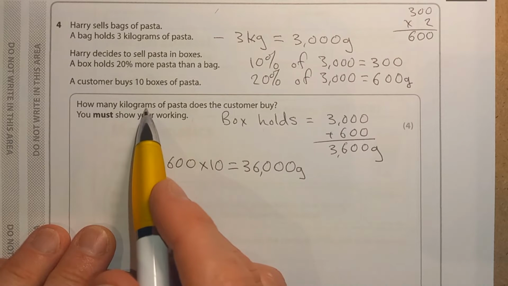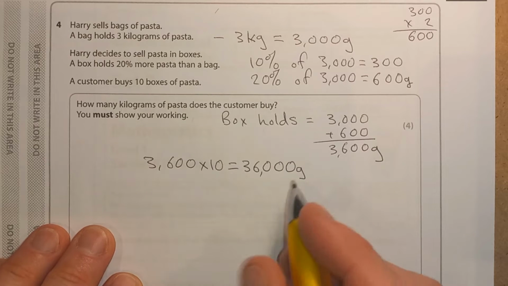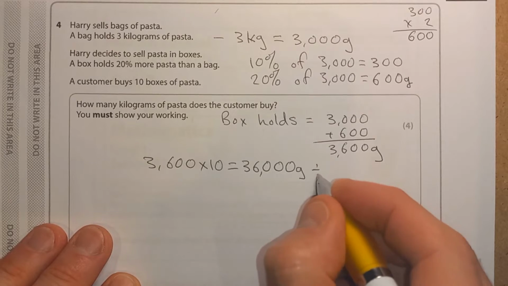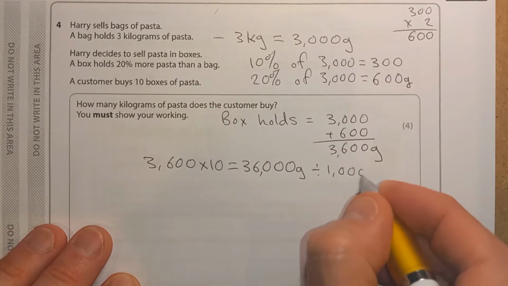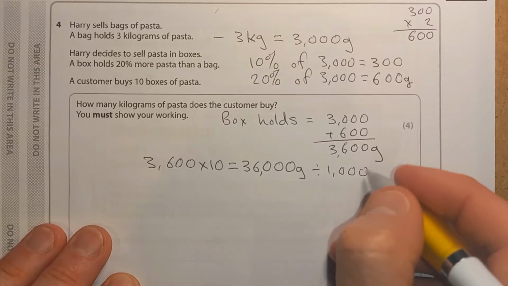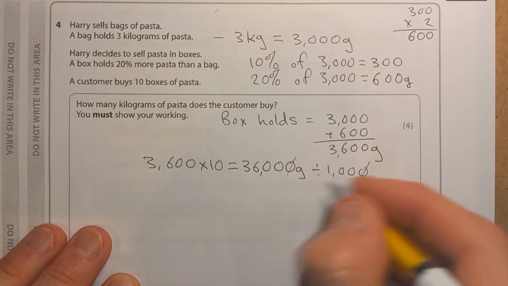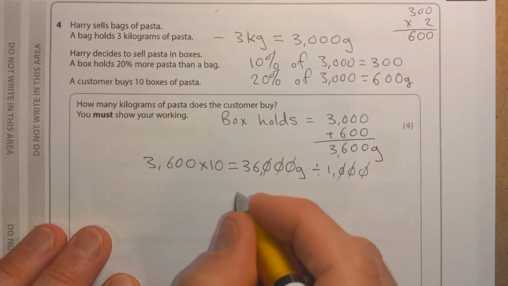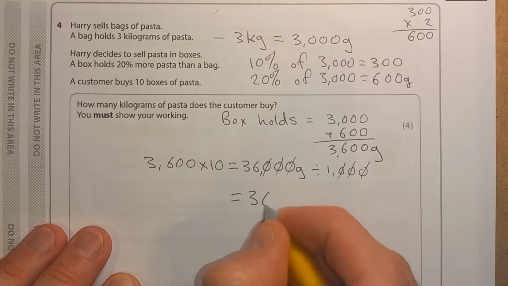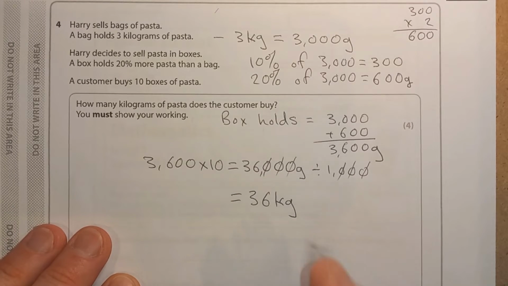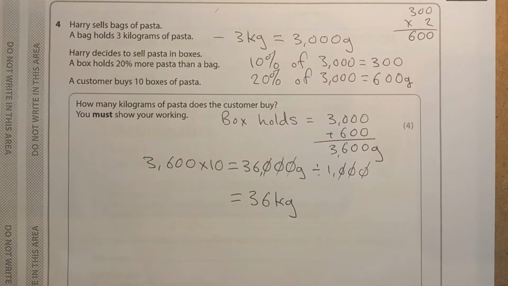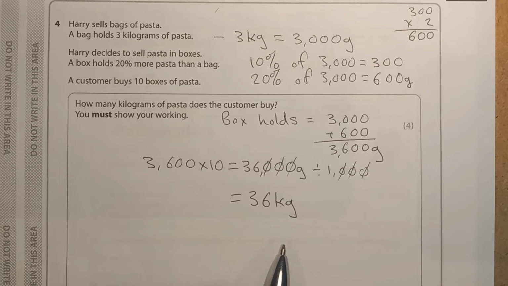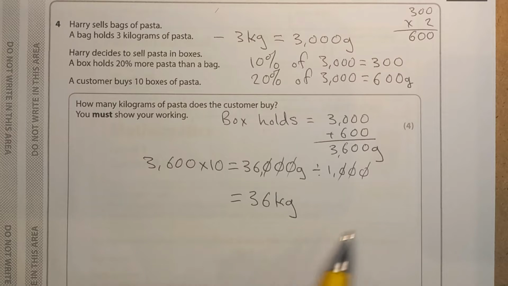They said how many kilograms? Well, so that means we need to divide that by 1,000 to get it back into kilograms. Well, if we cancel a 0 there with one there, and another with another, and another with another, we end up with 36 kilograms. So you could have done this by staying in kilograms all the time, but as I say, you'd end up with decimals. I think this is a simpler way to do it.